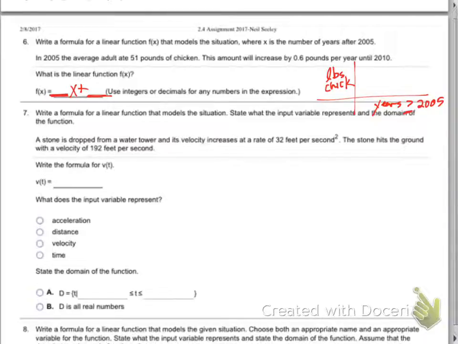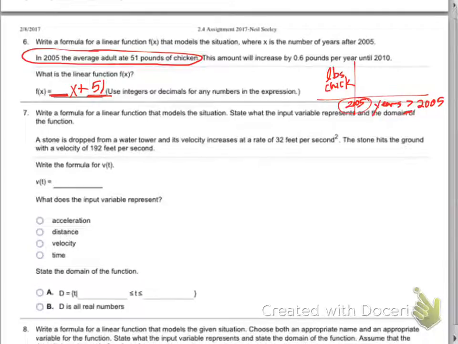Now, here goes. In 2005, the average adult ate 51 pounds of chicken. Well, since we're starting in 2005, that starting value of 51 pounds of chicken is like your y-intercept. It's when x is 0, when time is 0. Because we're saying 2005 is where we start this thing. And so that's basically our y-intercept, 51 pounds of chicken. Bingo. Now, the second part, the amount will increase by 0.6 pounds per year until 2010.